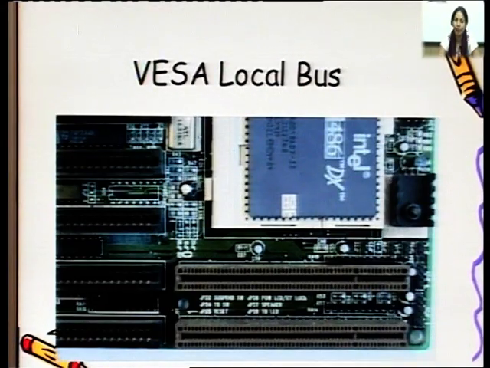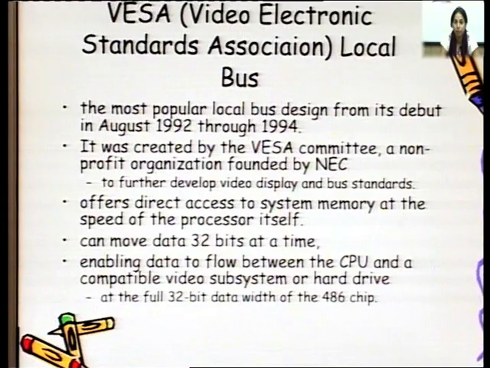This is the VESA local bus. In the diagram, VESA is the Video Electronics Standards Association local bus, the most popular local bus design from its debut in August 1992 through 1994.